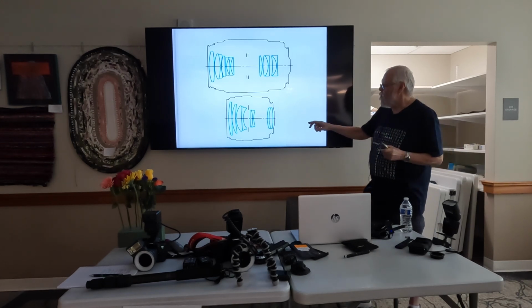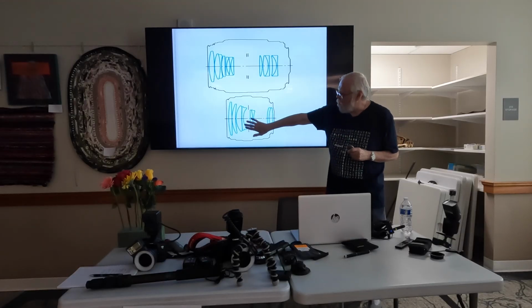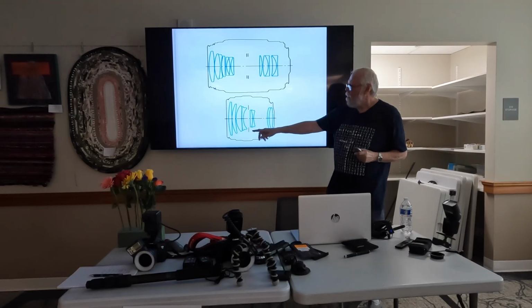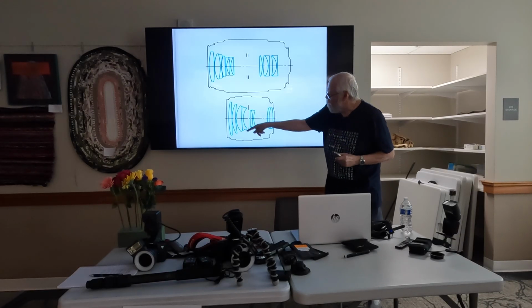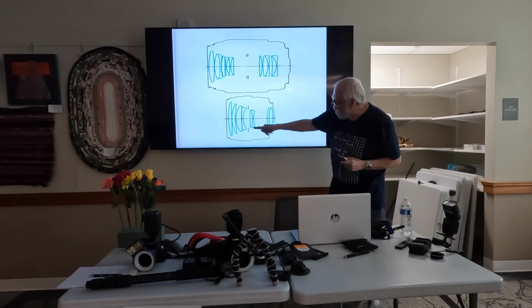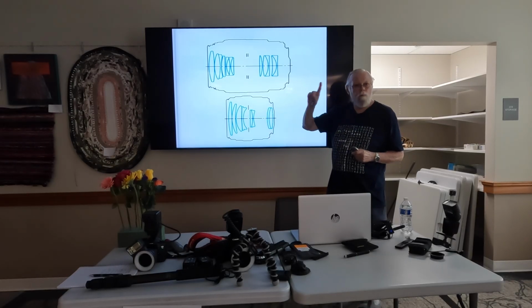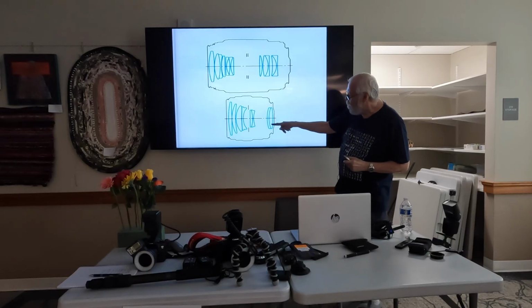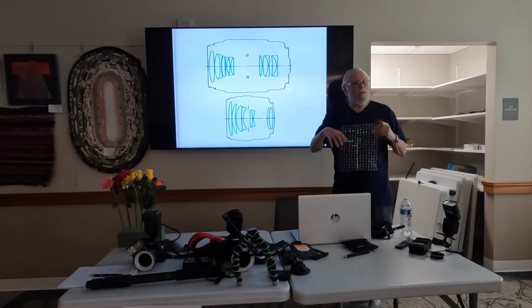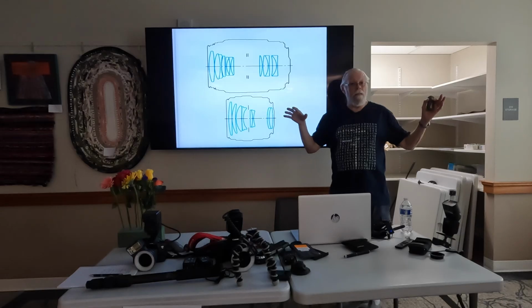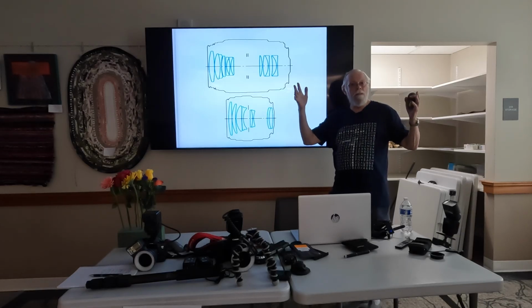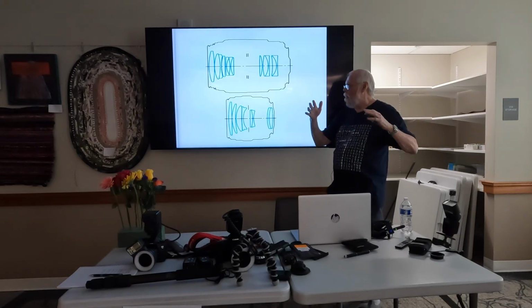Very good. So this is the 100 regular. It has curved elements, and you see how many flat elements it has? It has one. Everything else is curved. That's the way all of your lenses are made, except for the ones that are macro.